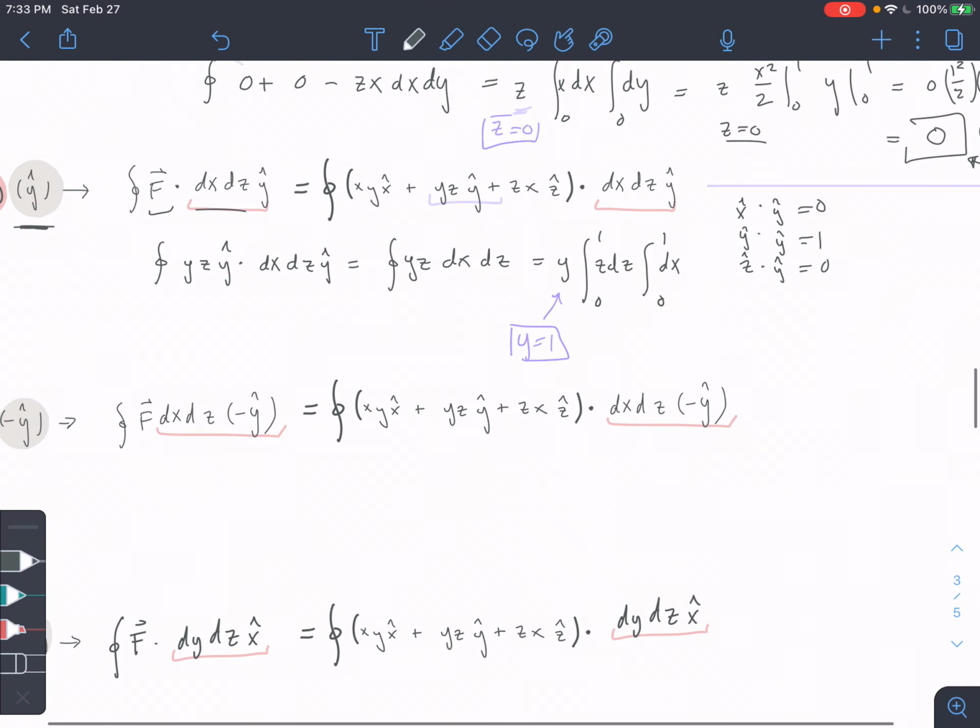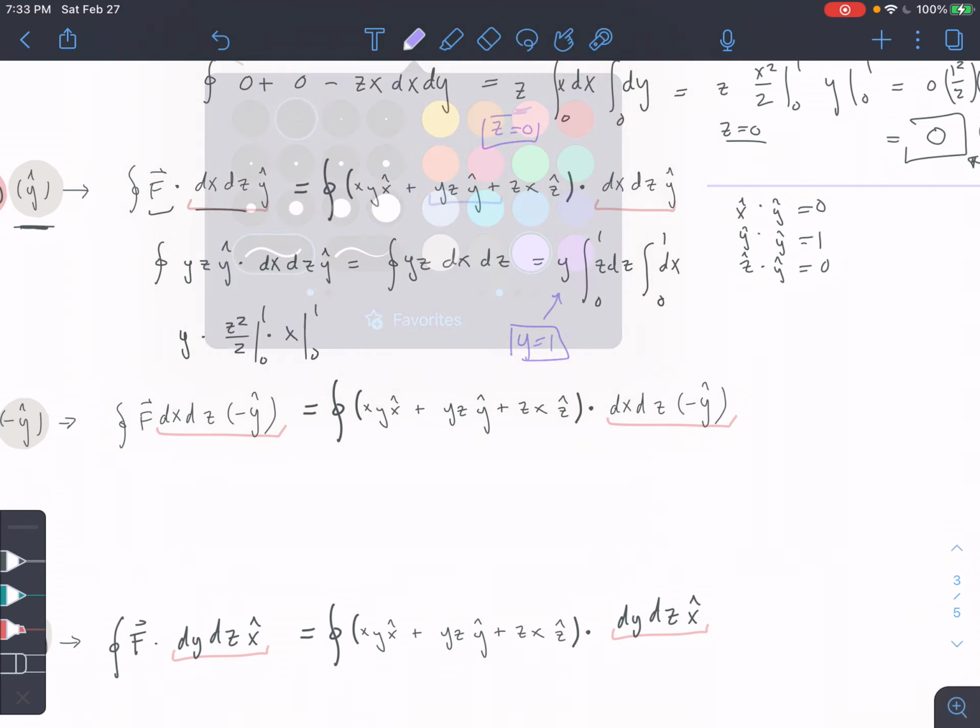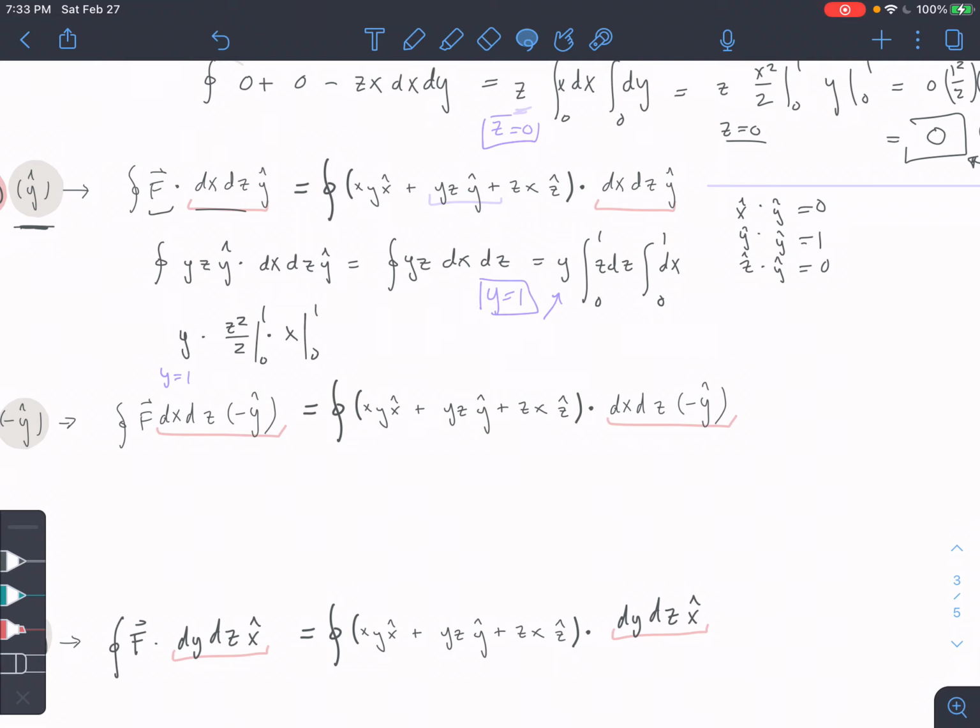Okay, so we're evaluating. We have y times z squared over 2 times x, and that's 0 to 1, 0 to 1, and y equals 1. So let's go ahead and plug in our numbers and crunch that out. Move that y equals 1 up here.